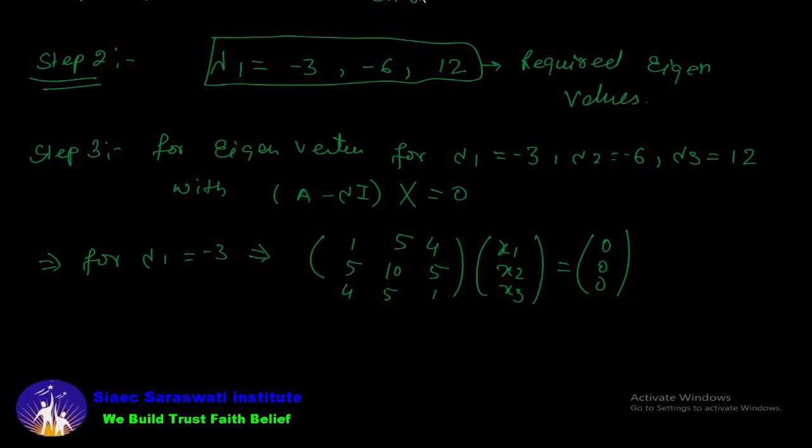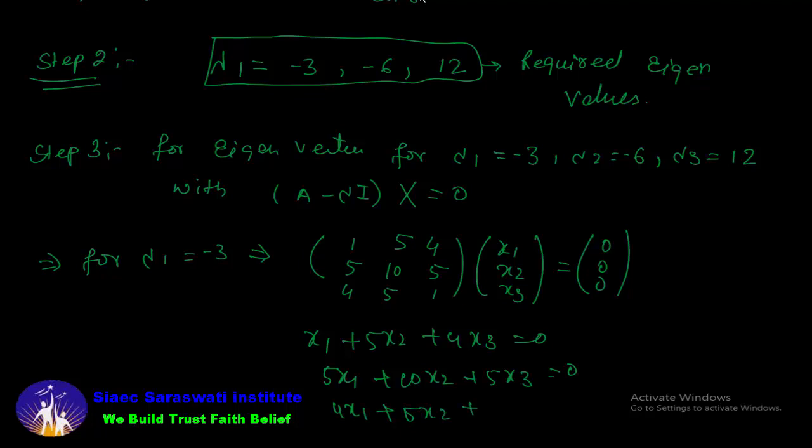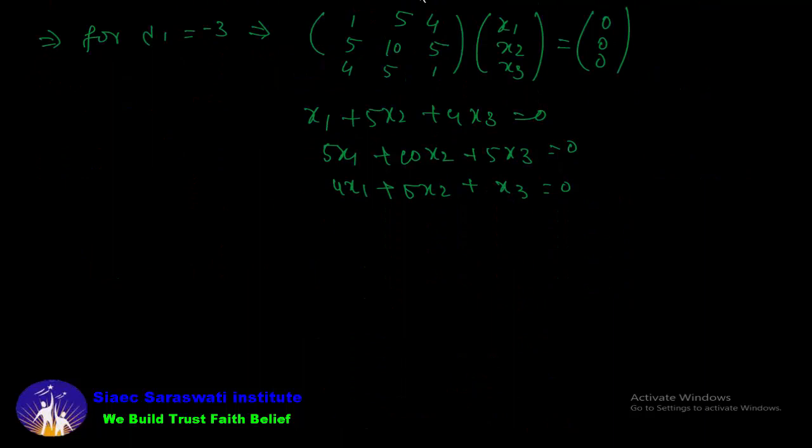On solving, the equations will be x1 plus 5 x2 plus 4 x3 equal to 0, and 5 x1 plus 10 x2 plus 5 x3 equal to 0, and 4 x1 plus 5 x2 plus x3 equal to 0. We can solve these equations with the help of the cross multiplication method.